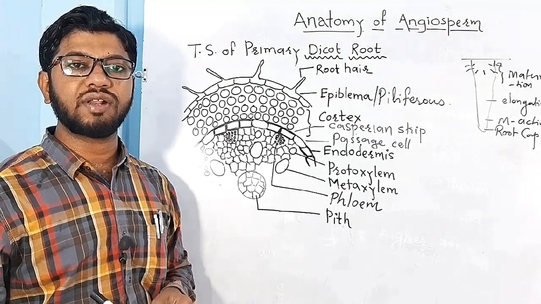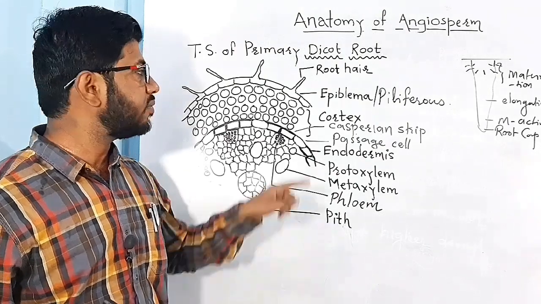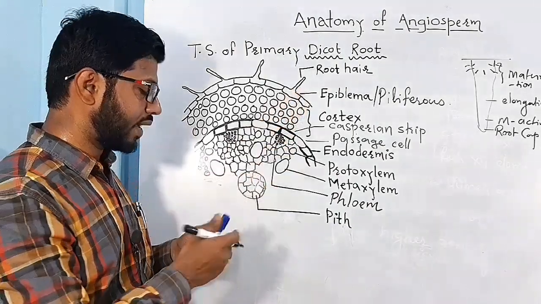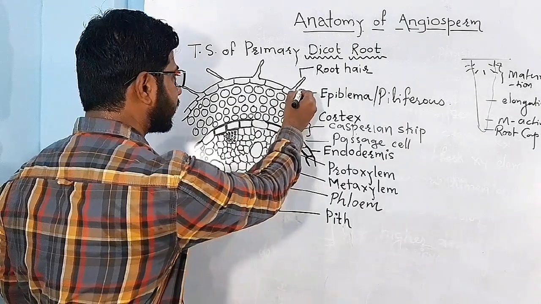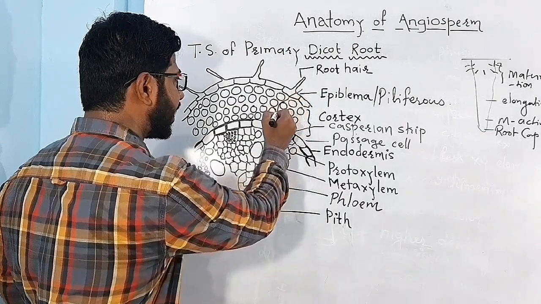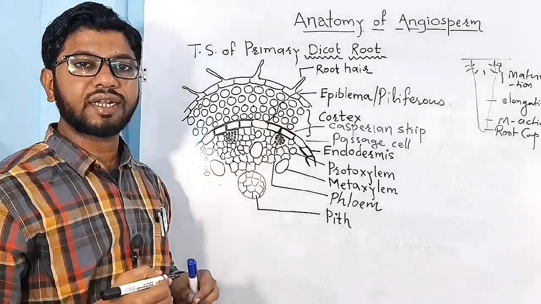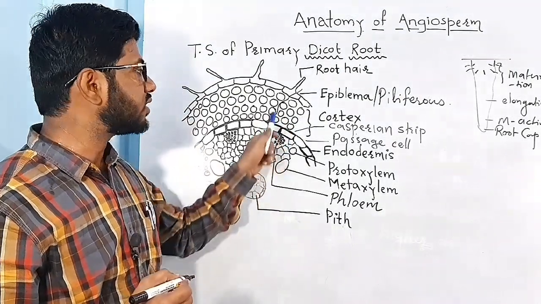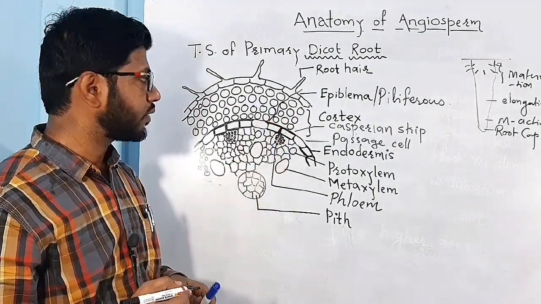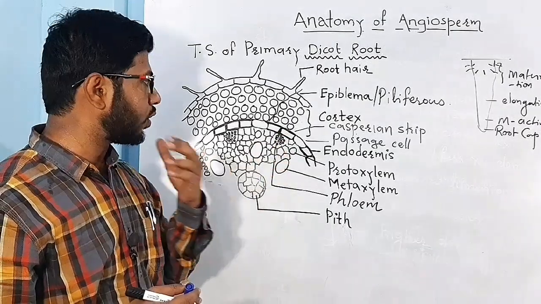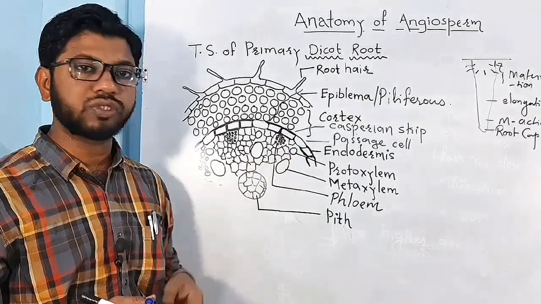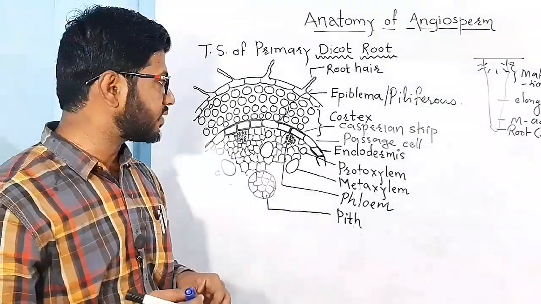Through these intercellular spaces, water and mineral can be moved like this, and this movement of water and mineral through the intercellular space is known as apoplast pathway. So cortex is a very important region. It consists of loosely arranged parenchyma cells.